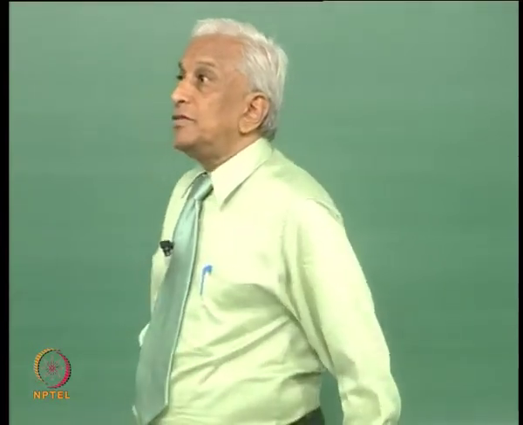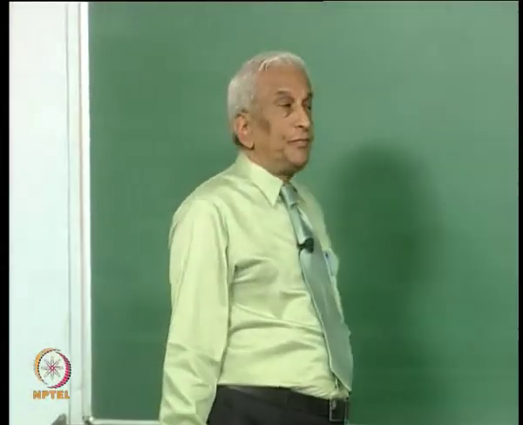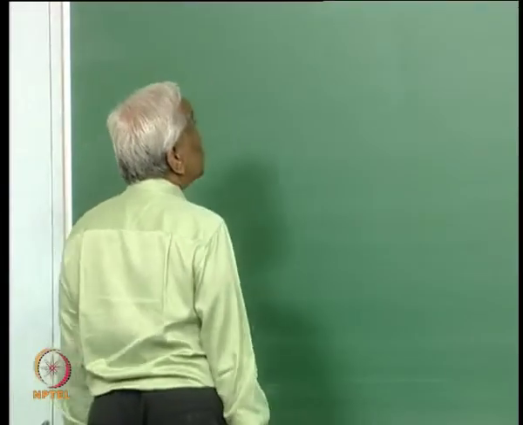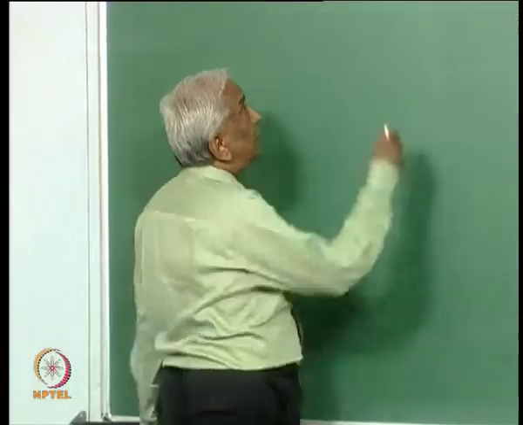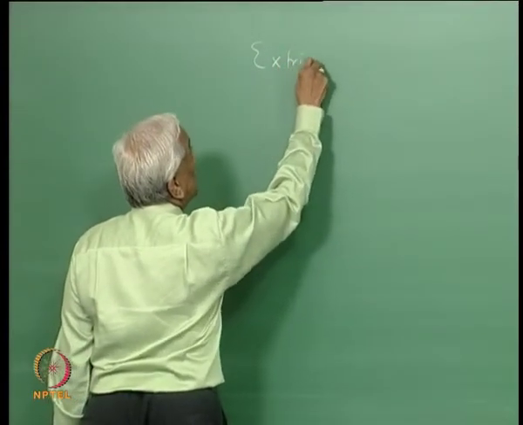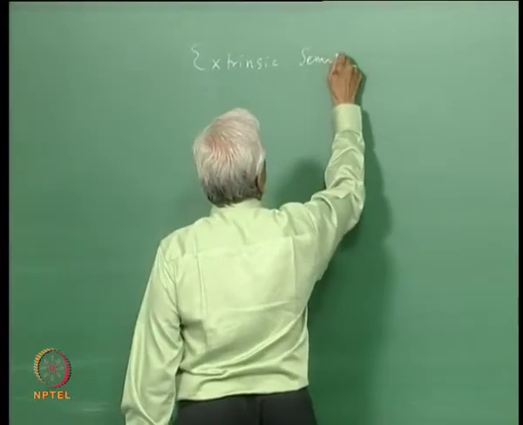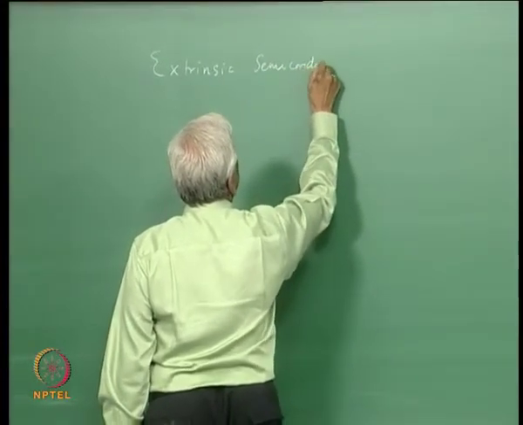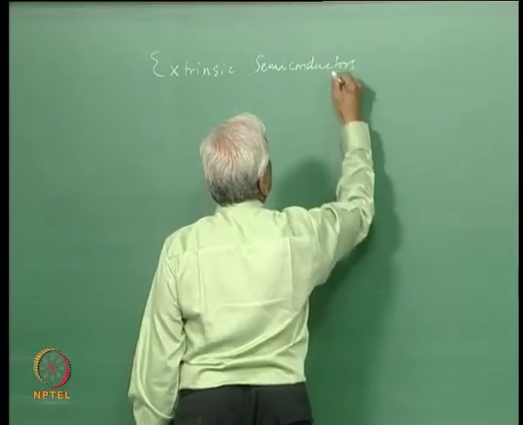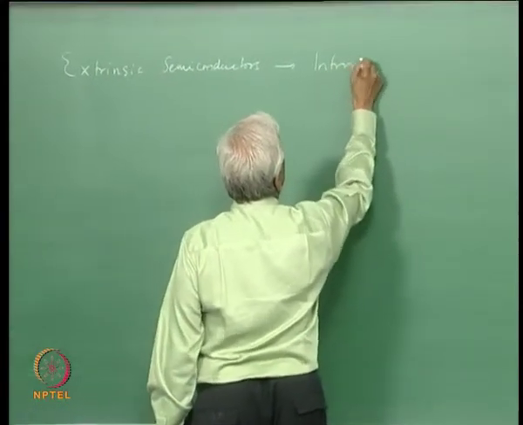In other words, the entire interest from the point of view of devices and semiconductor electronics is based on the fact that there exist extrinsic semiconductors, as contrasted with intrinsic semiconductors, which we discussed last time.